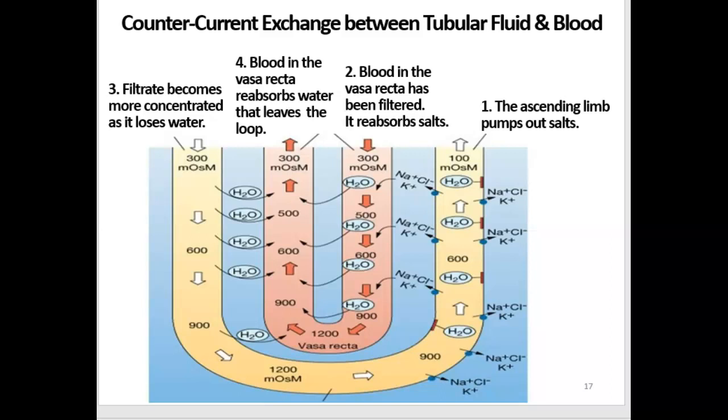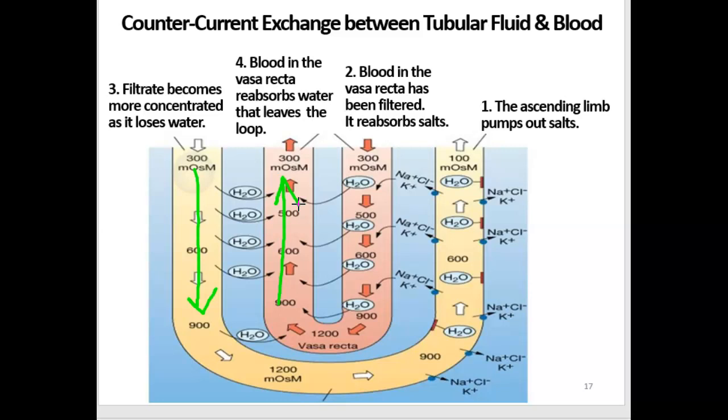What that means is that where the nephron fluid is traveling in a particular direction, the blood is traveling in the opposite direction. That's the countercurrent business. So in the descending limb, we've got fluid moving, I'm going to say downward, and the vasa recta is moving upward, that part.